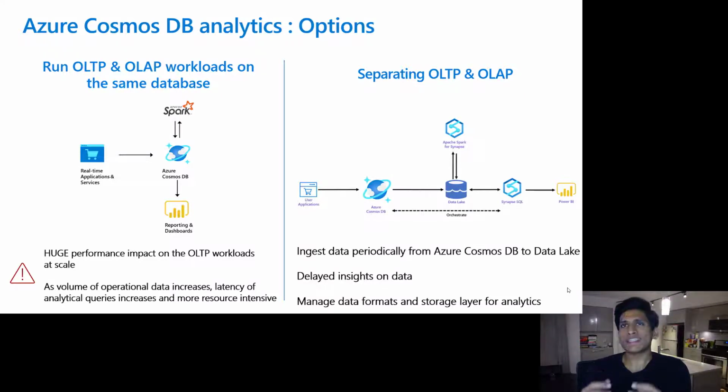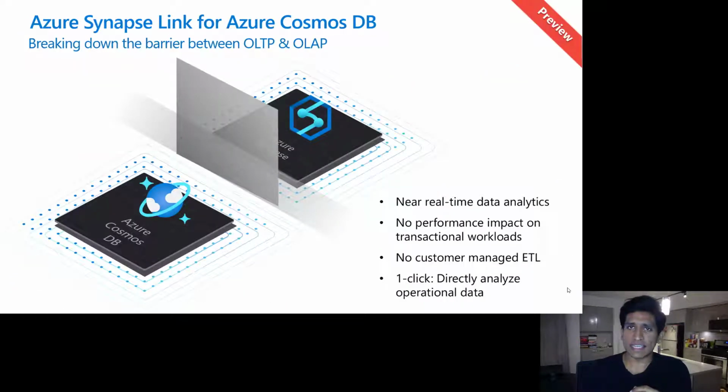Further, once the data lands in the data lake, data engineers have to continuously ensure that the data is in the right optimized columnar format for their analytical workloads as the data evolves upstream. It is only after this that the data can then be transformed, enriched, and served in analytical workloads. Thus, the analytical workloads are not running against the latest state of the operational data, leading to delayed insights.